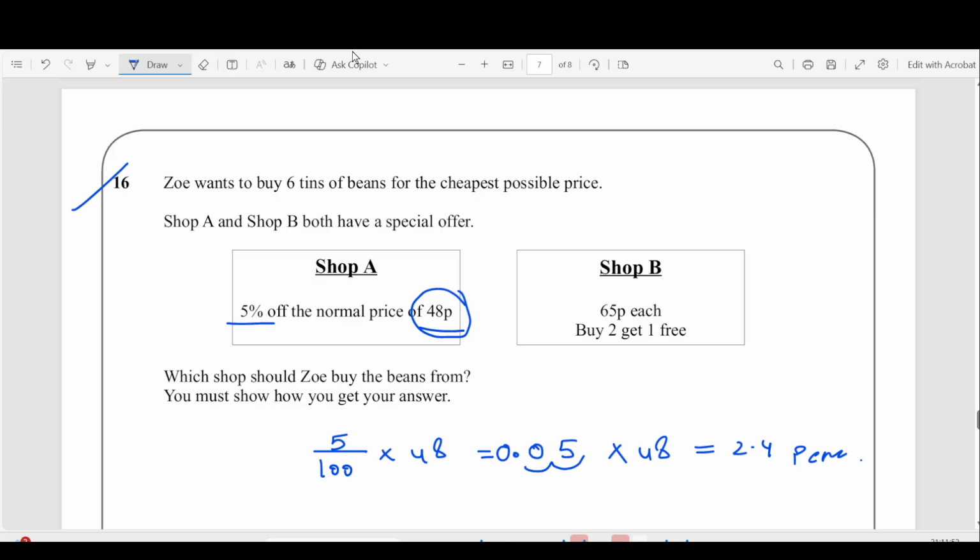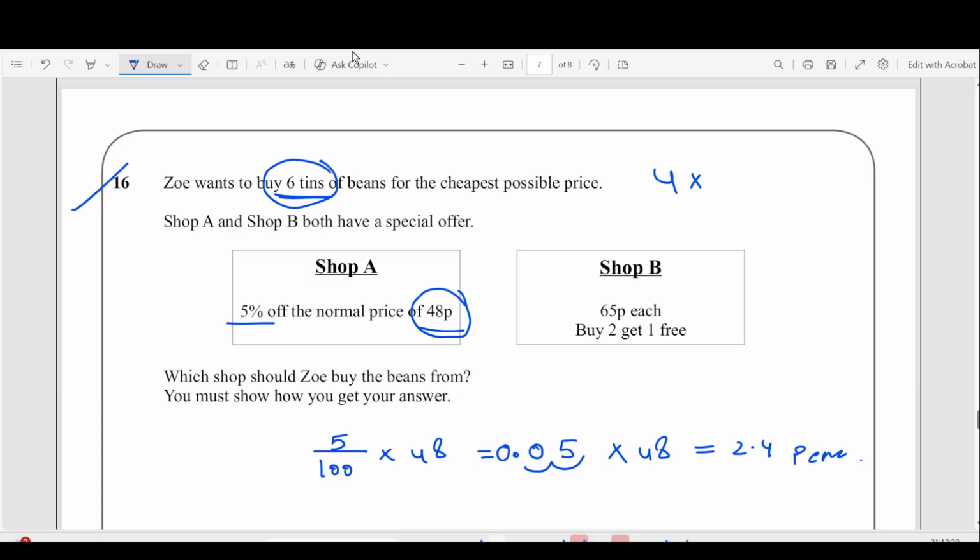Now, for shop B, 65 pence each. Buy two, get one free, right? This is what is given. So she wants to buy 6 tins, right? 65 is for one, and buy two, get one free. So because she wants to buy 6, she just needs to pay for 4, because 2 she will get free.